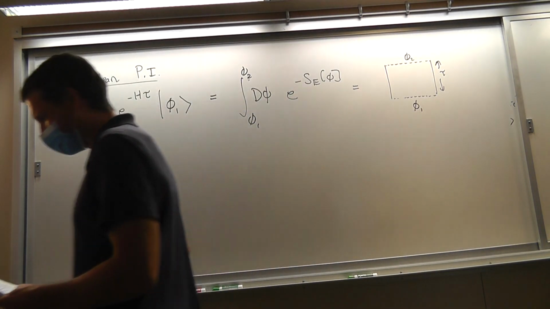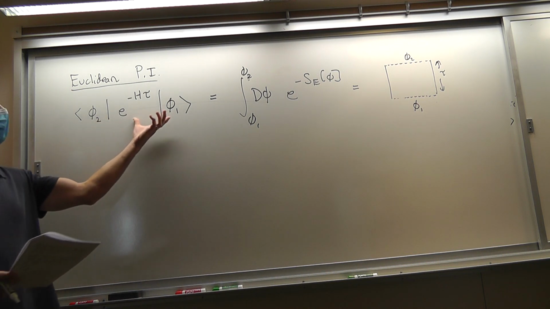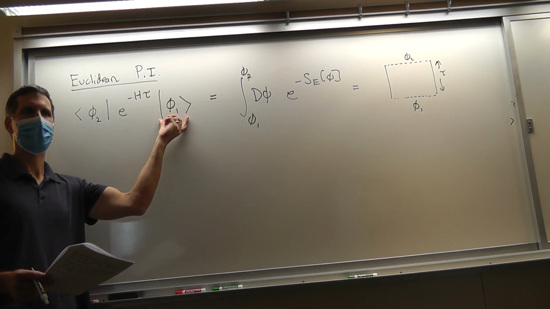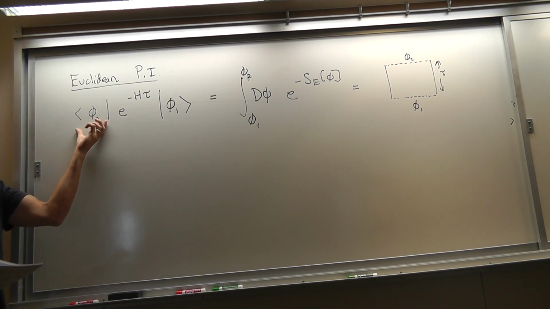Okay, so Euclidean path integrals also compute transition amplitudes, but in imaginary time. It's maybe better not to think of them as amplitudes, but just as state overlaps. This thing corresponds to the boundary condition at the bottom. This is evolution by Euclidean imaginary time tau, and the path integral calculates the overlap of that state with phi 2.